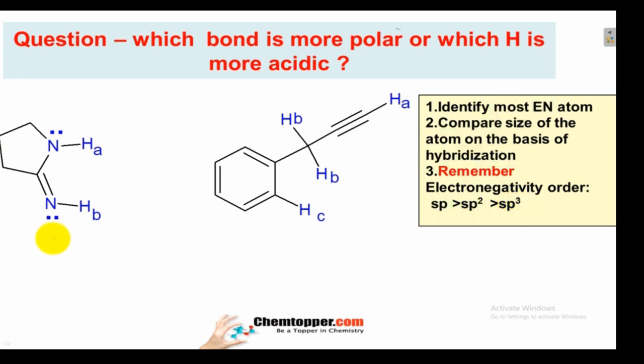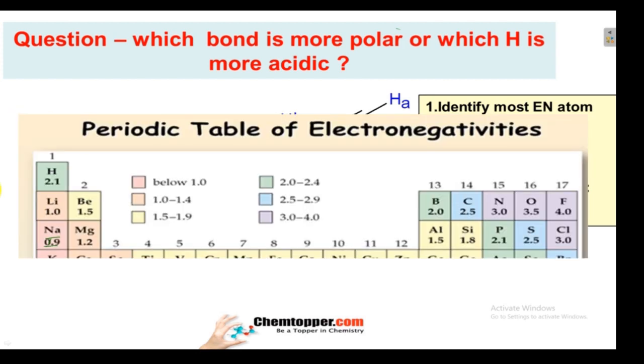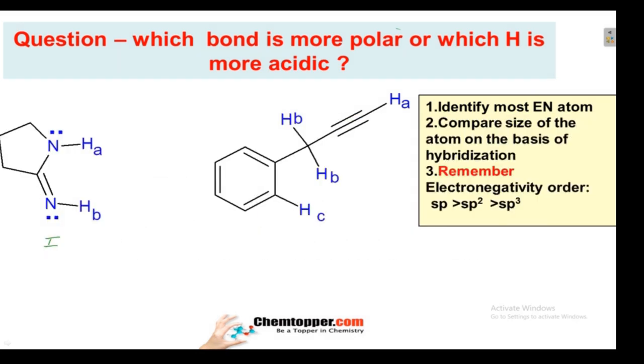Let us start with molecule 1. In molecule 1, we have nitrogen, carbon and hydrogen atoms. Nitrogen is smaller in size than carbon atom. So nitrogen is more electronegative than carbon. Hydrogen is even less electronegative than carbon. So it means in this molecule, nitrogen is the most electronegative element.